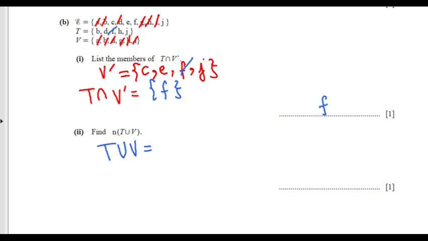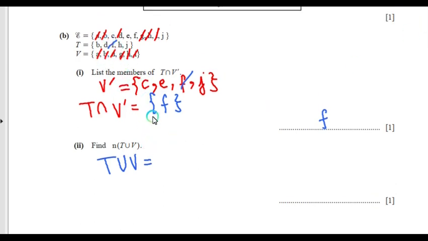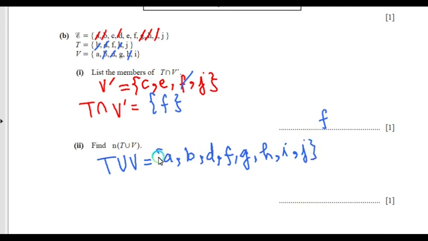T union V means all the elements of T and V. So there should be B, and common elements should be written only once, so these are common: B, D and H. Okay, now writing A, B, D, F, G, H, I and J, and we can count them now.